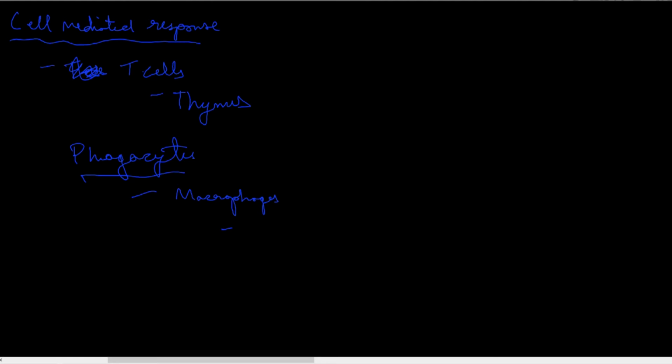Let's say we get a cut, like we talked about in the last one. This is where the cell-mediated response would happen. The phagocytes, or the macrophages and phagocytic cells, are going to come in and start eating up the bacteria.